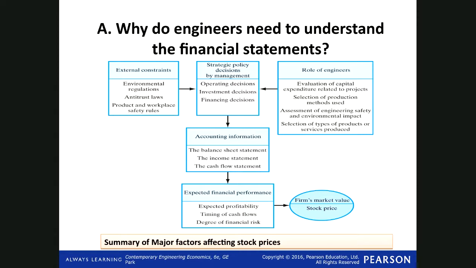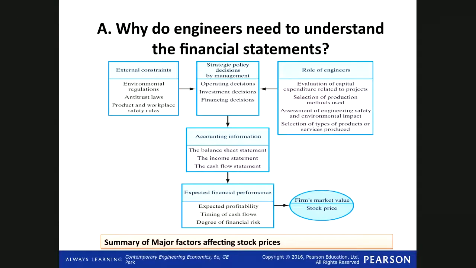Then there are investment decisions made by the management, such as whether to open a new factory, start a new product, or purchase a new plant. These decisions are there, but not every day.